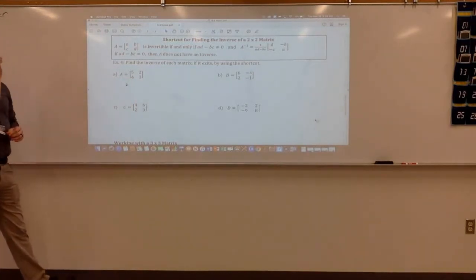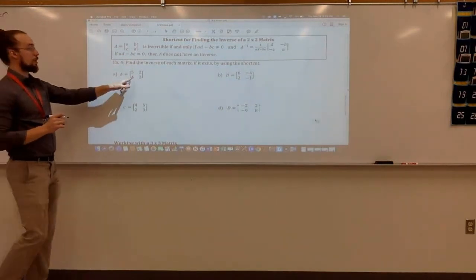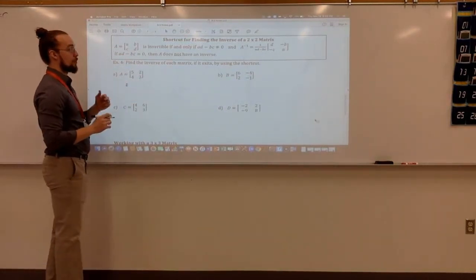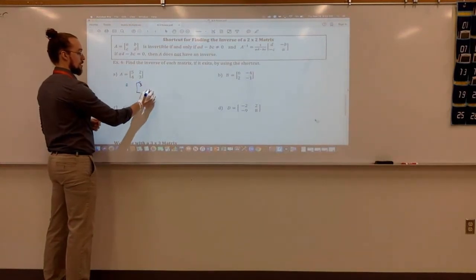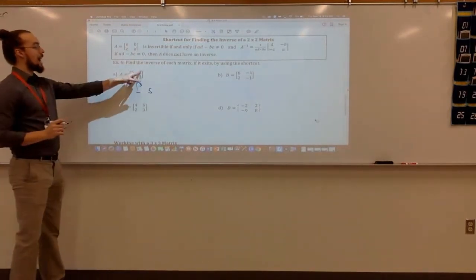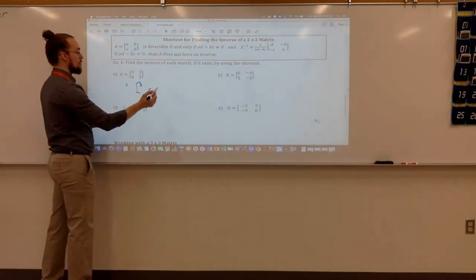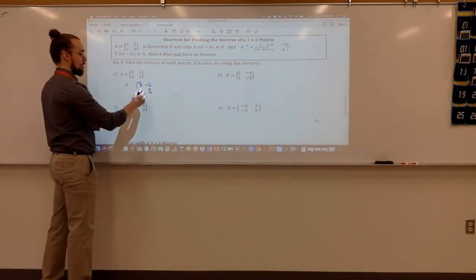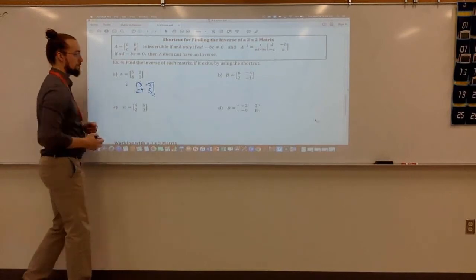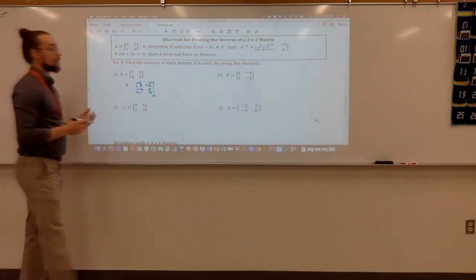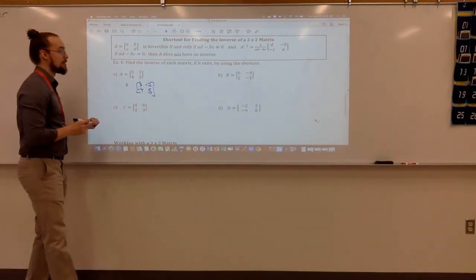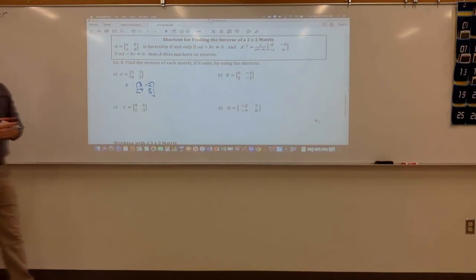So if I take this matrix here, and I flip 3 and 5, take the opposite of 2 and 4. And then I need to multiply that whole thing by 1 over A times D minus B times C.